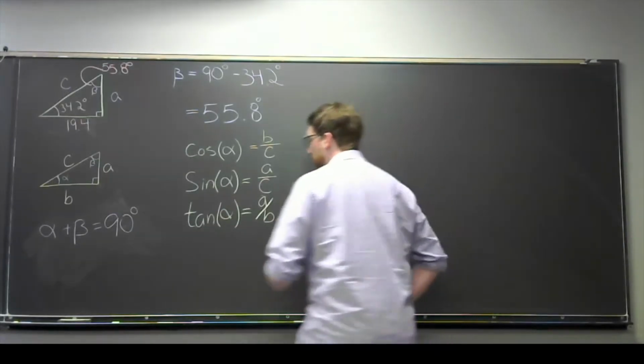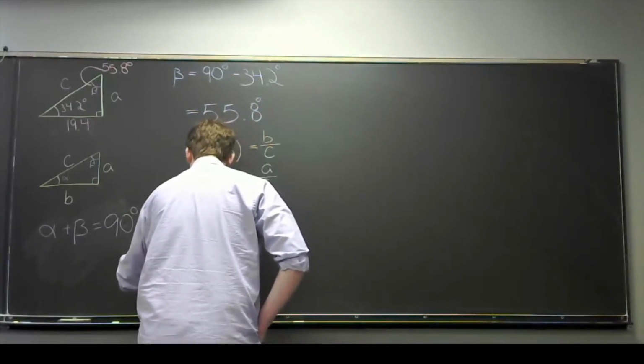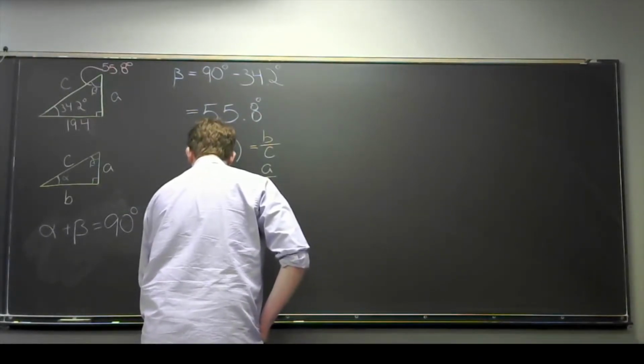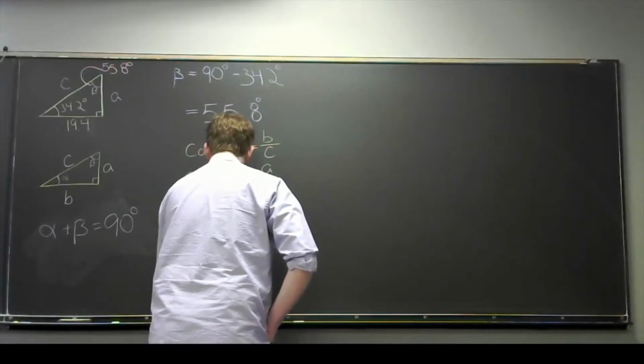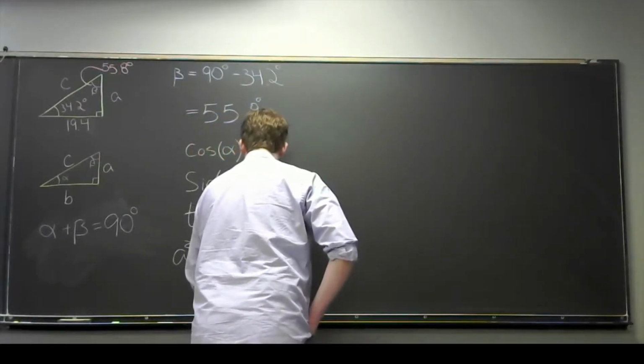And just for good measure, let's write out the Pythagorean theorem: A squared plus B squared is equal to C squared.